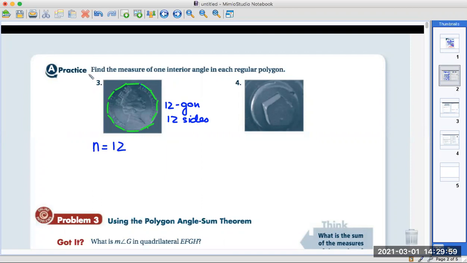And so we want to find the measure of one interior angle in each regular polygon. Remember, regular, super important. If it's not regular, you cannot do it. So n is 12. First, find the sum.